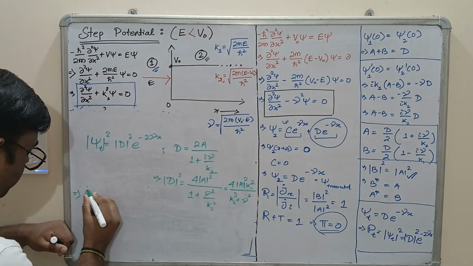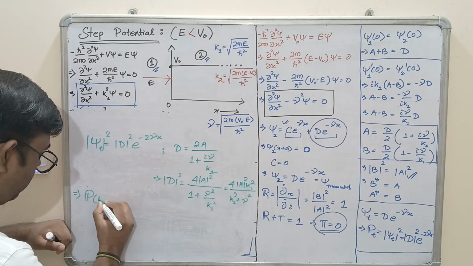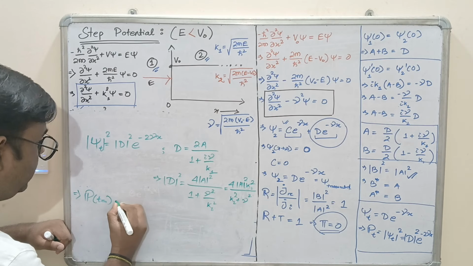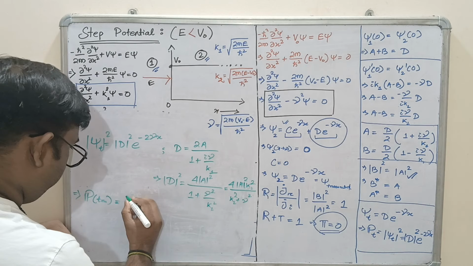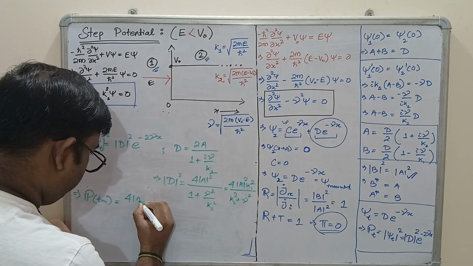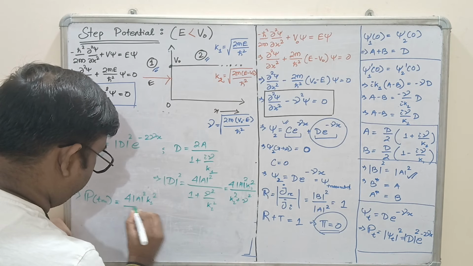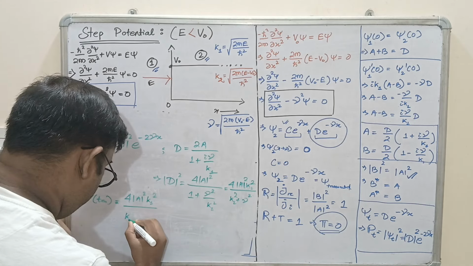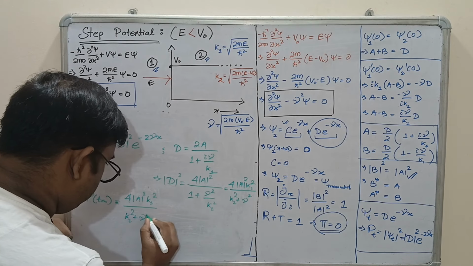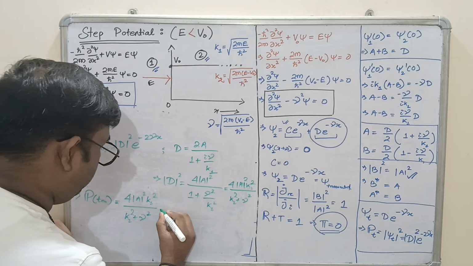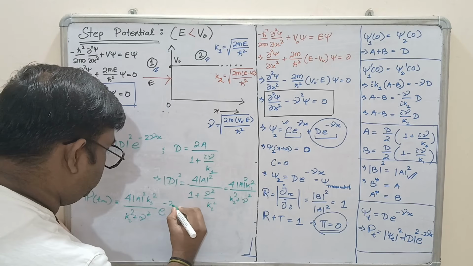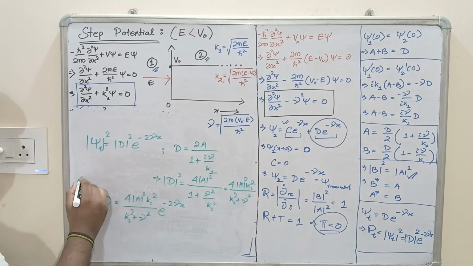That means the probability density of the transmitted wave is coming out to be 4 A mod square k1 square by k1 square plus nu square, e to the power minus 2 nu x.